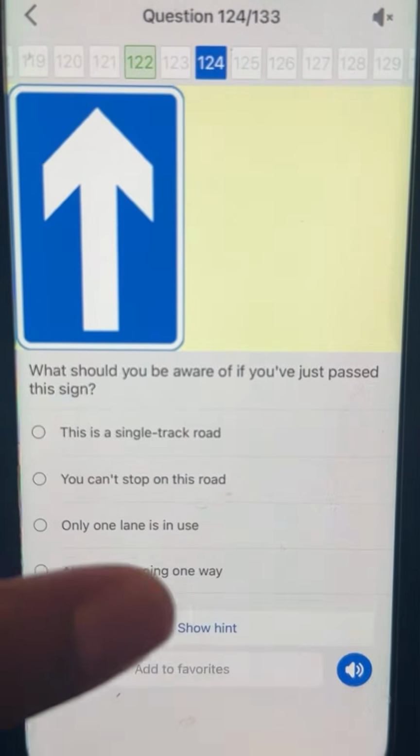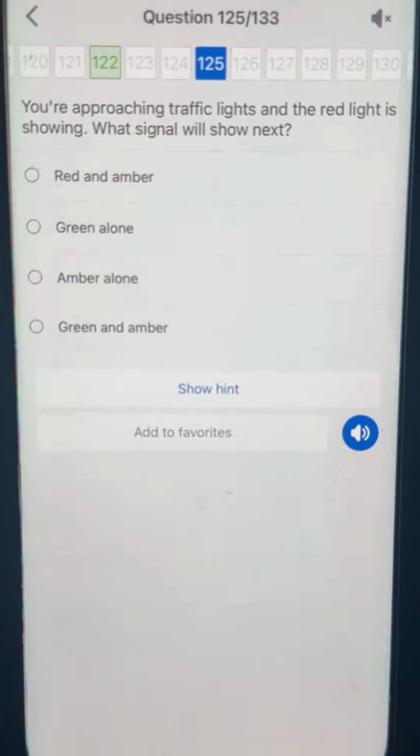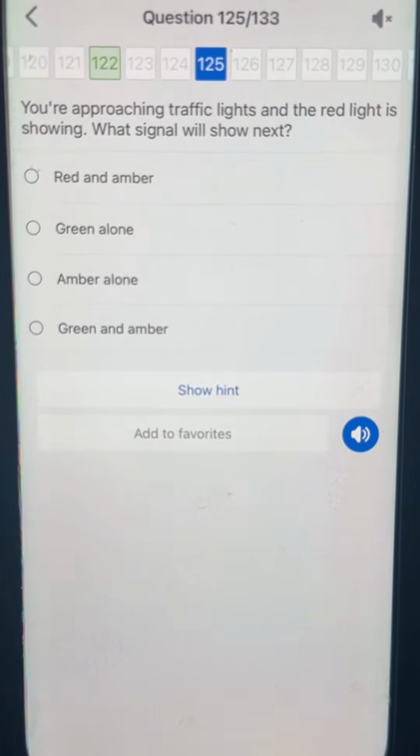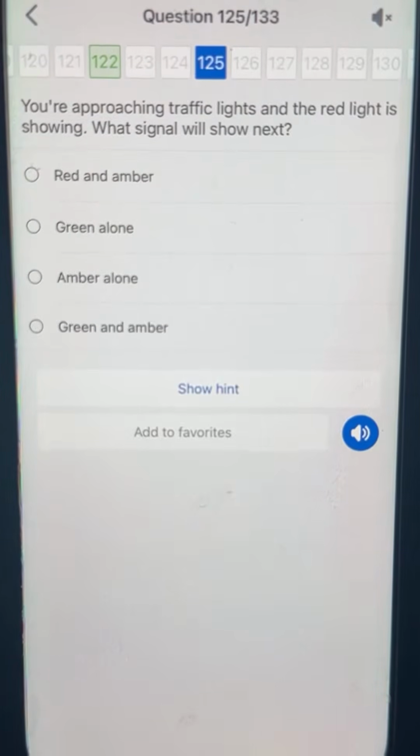Signs, we covered them already in part 2. You're approaching a traffic light and the red light is showing. What signal will show next? Can you see how many questions we cover about the traffic light? A lot.